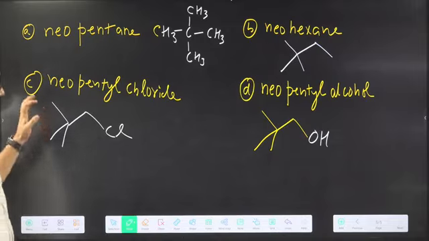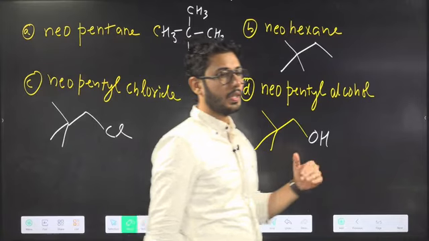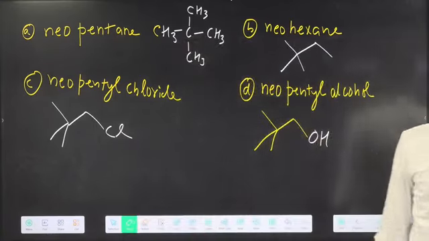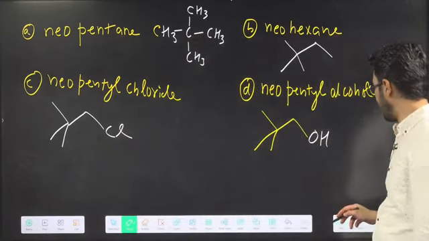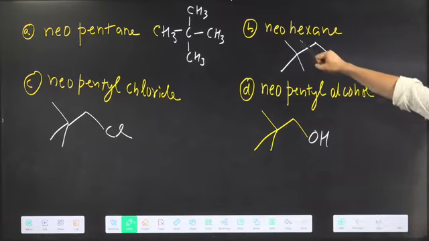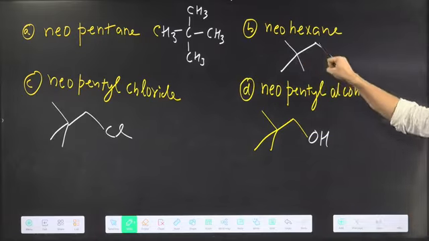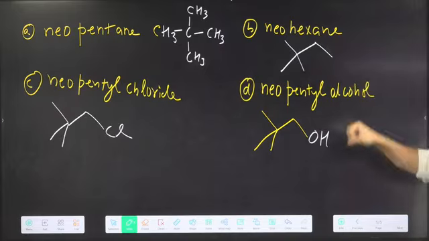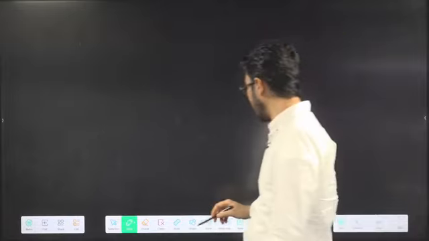Done. For neohexane, 6 carbons: 1, 2, 3, 4, 5, 6. Clear up to this point? Then after neo, the next one sometimes used in reactions is the secondary compound, sec.